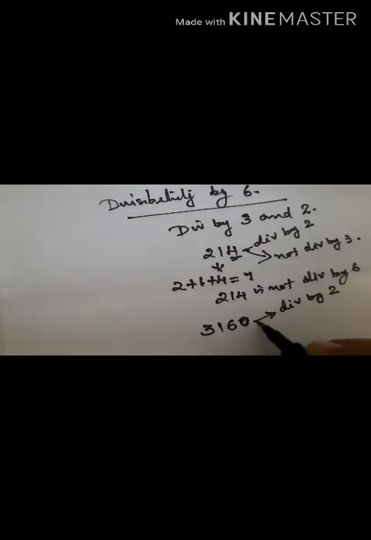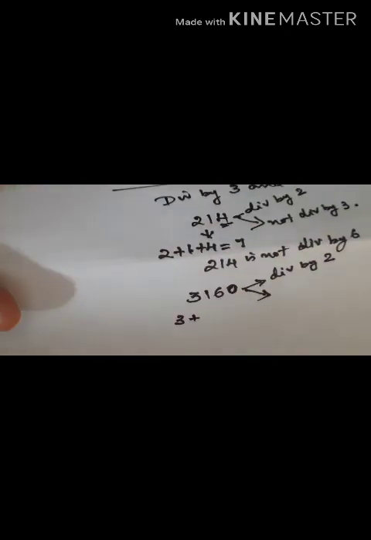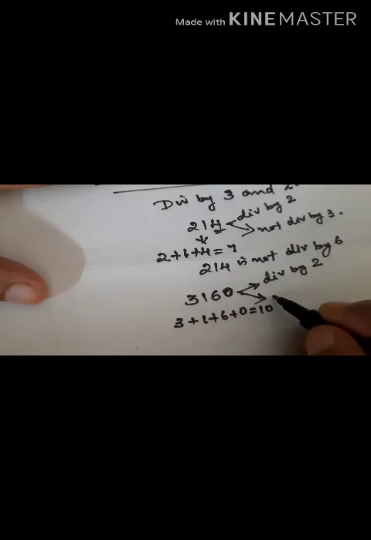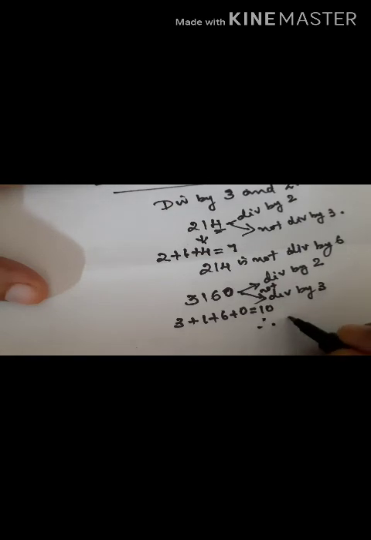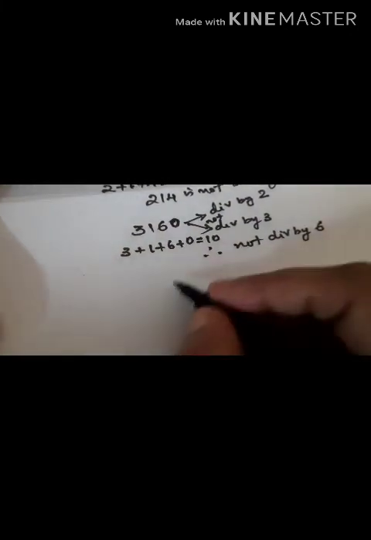Next check the divisibility of 3. How will you check? 3 plus 1 plus 6 plus 0. What is the answer? 4 plus 6, 10. So it is not divisible by 3. Therefore, not divisible by 6. Now one more example I will give you.